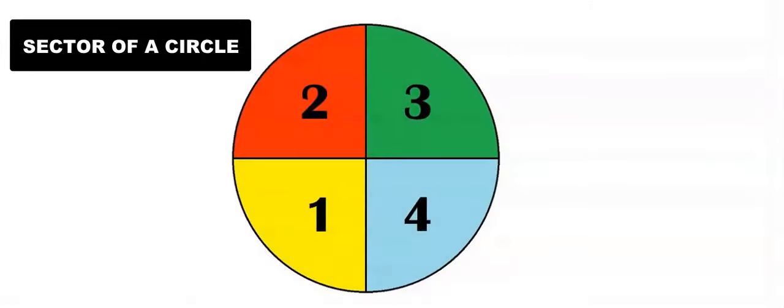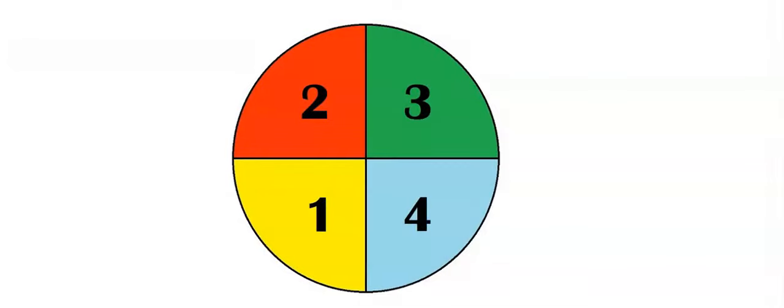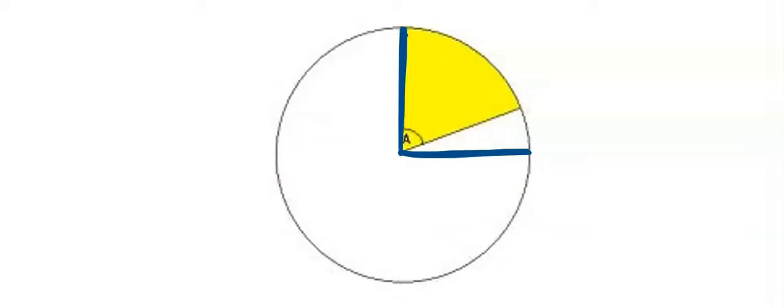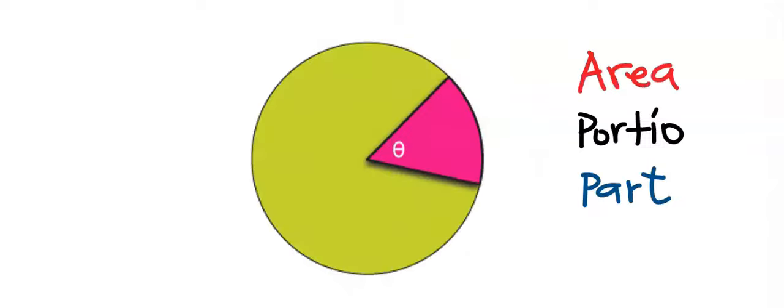At times, instead of splitting a circle into 4 equal parts, you could have a circle split less than the size of a quadrant or more than the size of a quadrant. Such an area or portion or part is known as a sector.